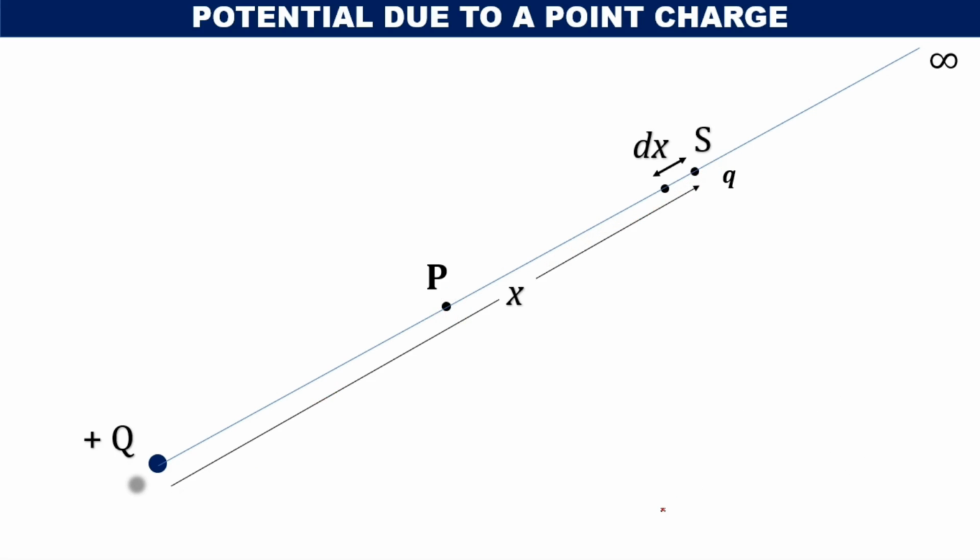Hence, we are going to substitute the value of the test charge equal to the unit positive charge, that is, we divide the potential energy by the magnitude of the test charge.